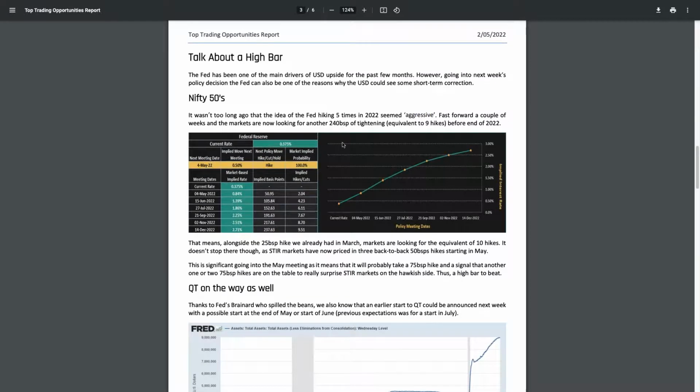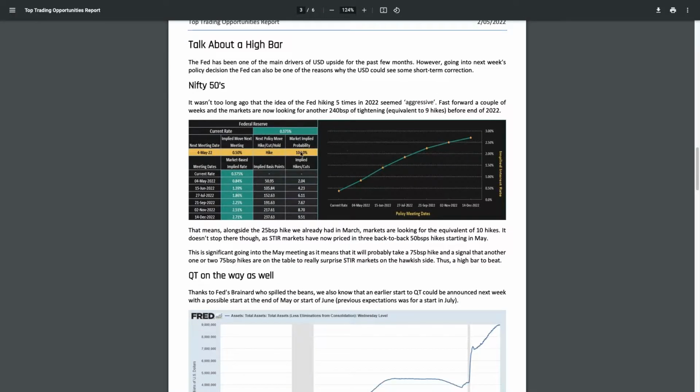Now, the Fed, you can see, are projected to hike interest rates 9 times before the end of 2022. And you can see that the implied interest rate curve is that the Fed's interest rates will be up to 2.71% by 2022. So that's 9 interest rate hikes expected between now and 2022.